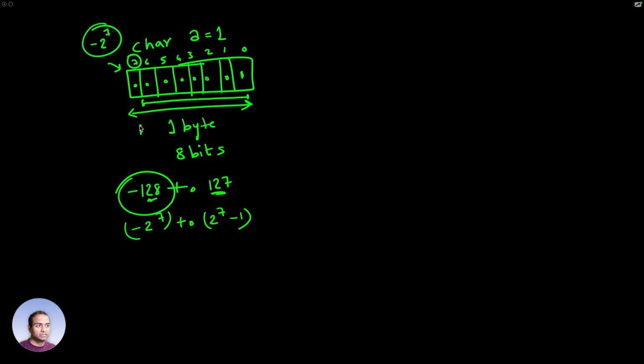So if this bit is set, we would treat this place value as negative 128. Okay, and this gets interesting. So this is called the 2's complement way of storing a number.